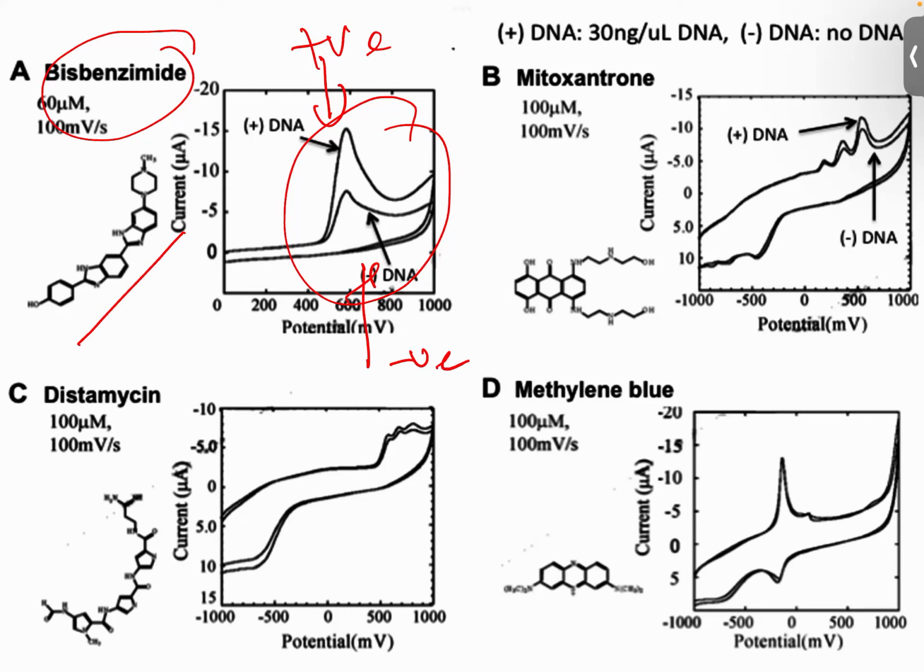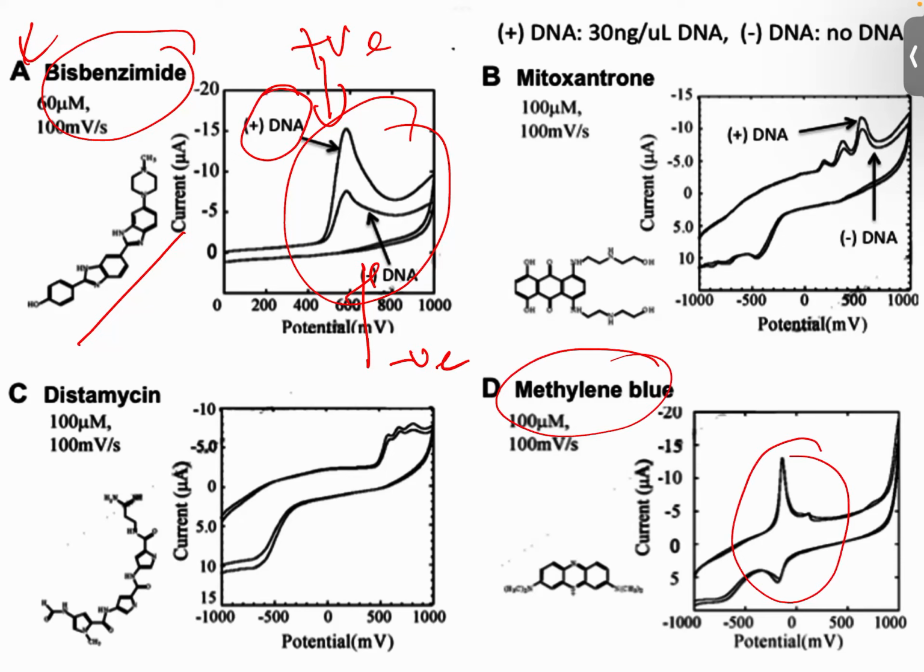So if you observe here, the groove binder A makes it much easier to differentiate a positive, or probably a good hybridization, compared to if you use something like methylene blue. It's very difficult to identify the difference.